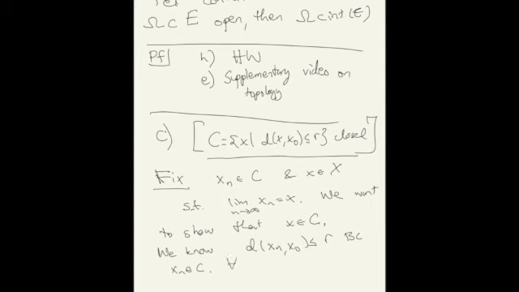We have to use the continuity: for every epsilon positive, there exists some capital N such that for n bigger than or equal to N, the distance from x_n to x is at most epsilon.